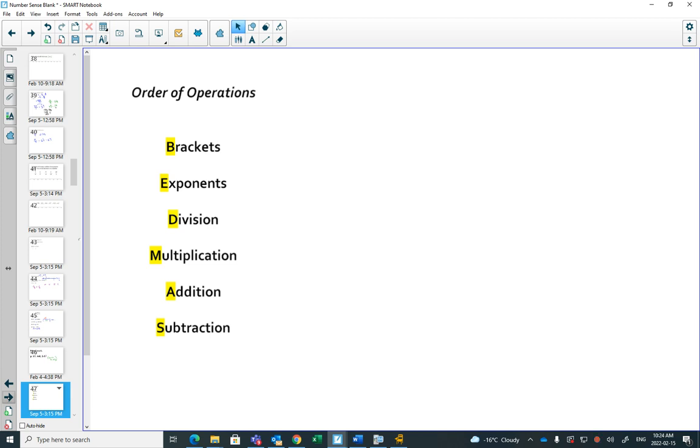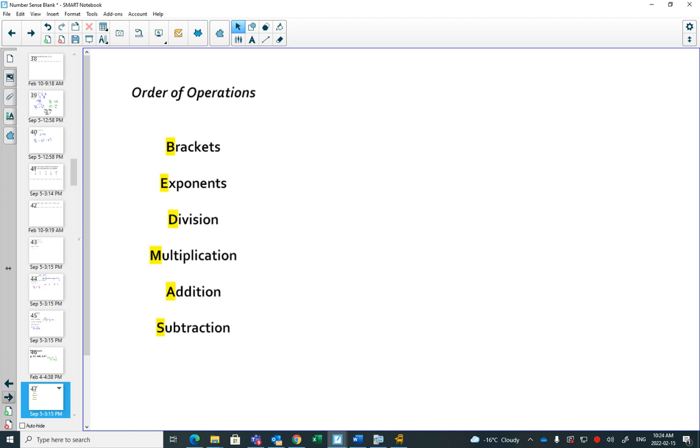And exponents we could probably switch with the word powers. I think they went with BEDMAS because it was easy to say and easy to remember.